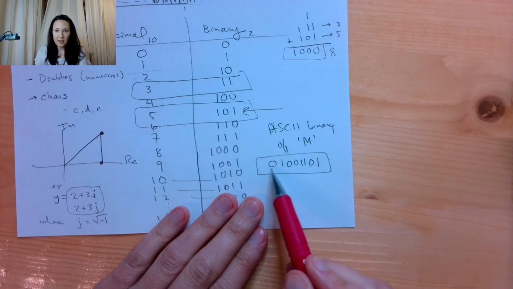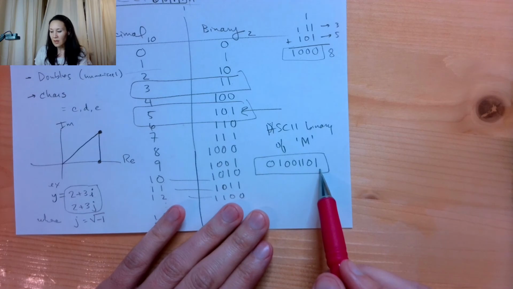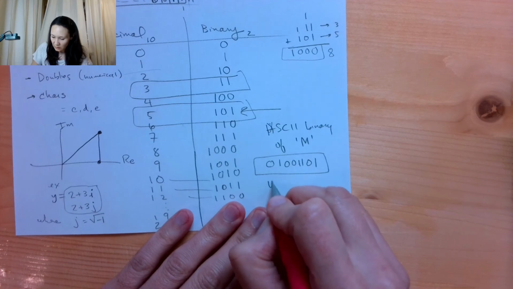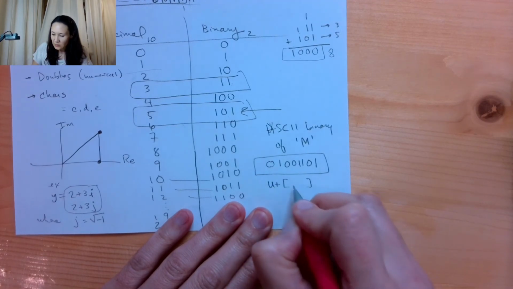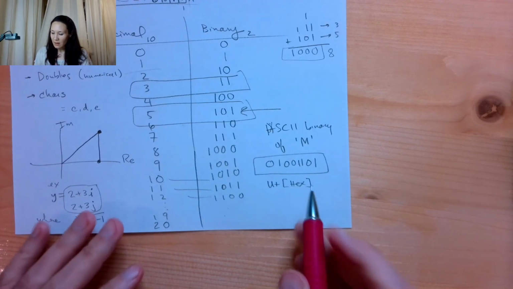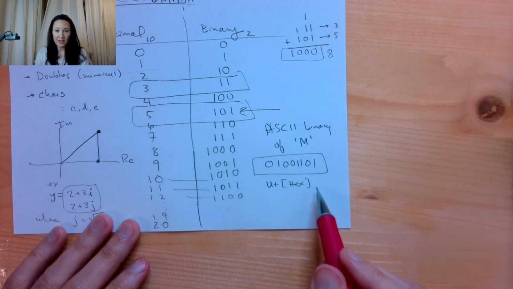So this corresponds to a binary number, but in Unicode, the format for this would be U plus, and then here is going to be a hexadecimal number, which is a different number system. And again, I'll give you the video that talks about the different number systems. It talks about binary, hexadecimal, octal, and decimal, and relates them to each other. You can do the conversion between hex and binary, and between hex and decimal, to see what this numerical value actually is.